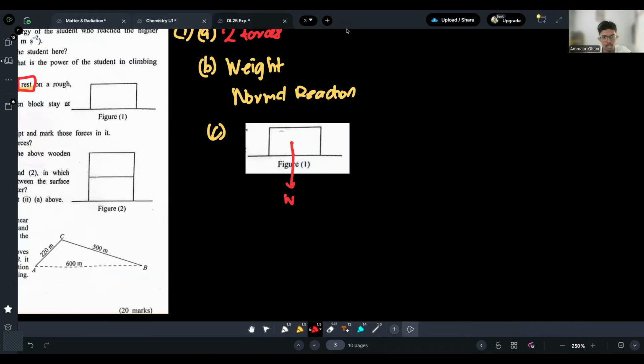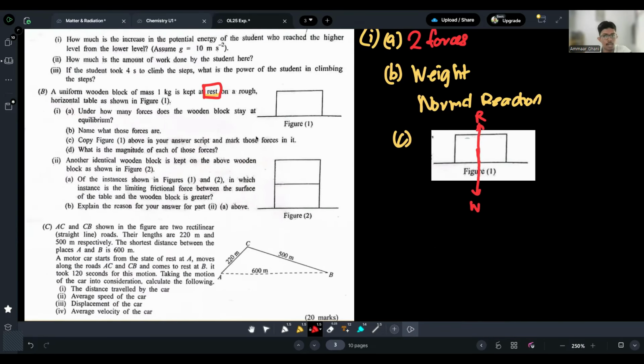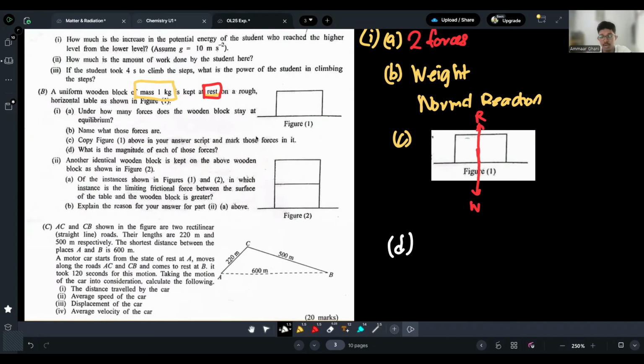And then you can mark the normal reaction as well. Okay, so part D. What is the magnitude of each of those forces? Now, after doing this much, some students forget that they were given the mass as 1 kilogram. So when the mass is 1 kilogram, can't we find the weight?